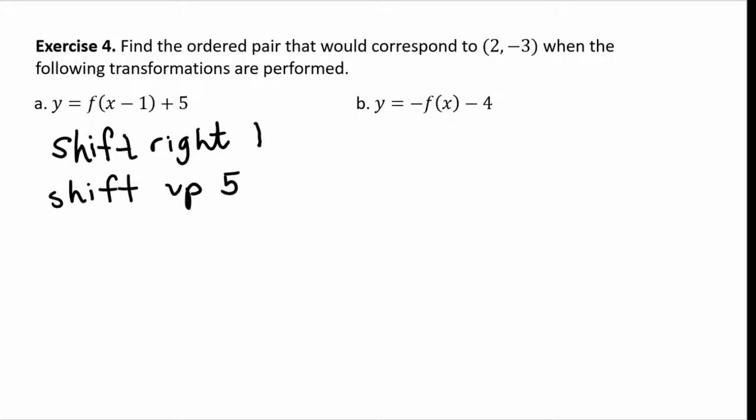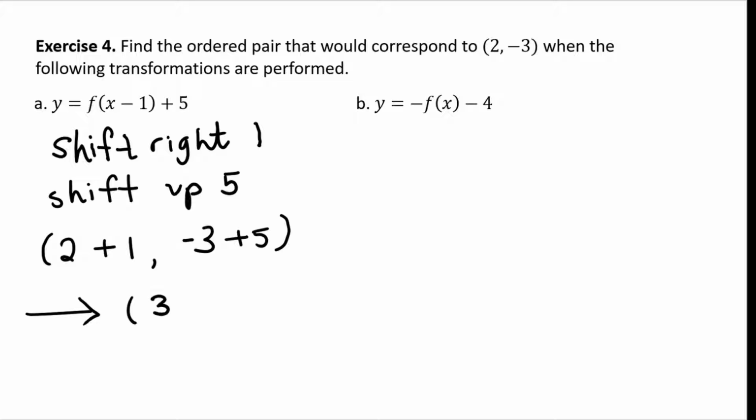So if we're looking at the ordered pair that starts with 2, 2 is the horizontal motion, so we're going to shift to the right, that's add 1, and then -3, we shift up 5, so we'll add 5 to the y value, so that transformed ordered pair is 3, because that's 2 plus 1, the -3 plus 5 is 2, so 3, 2. Let's do the same thing for B.